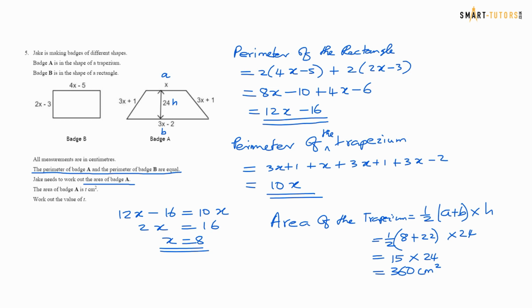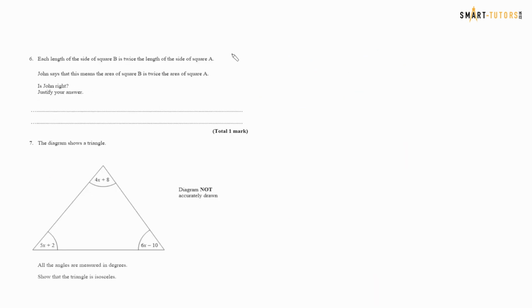They're asking the area of batch A is t centimeters squared, so the t is 360 centimeters squared. Question number 6. Each length of the side of square B is twice the length of the side of square A. So that is the relationship given. Square A is there and square B is there.